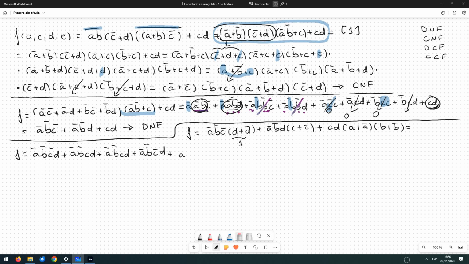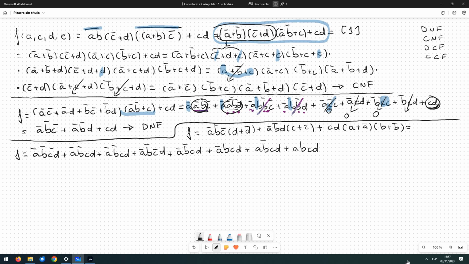I'm going to delete this to have more space. So now we are going to look for some reduction, if it's possible.